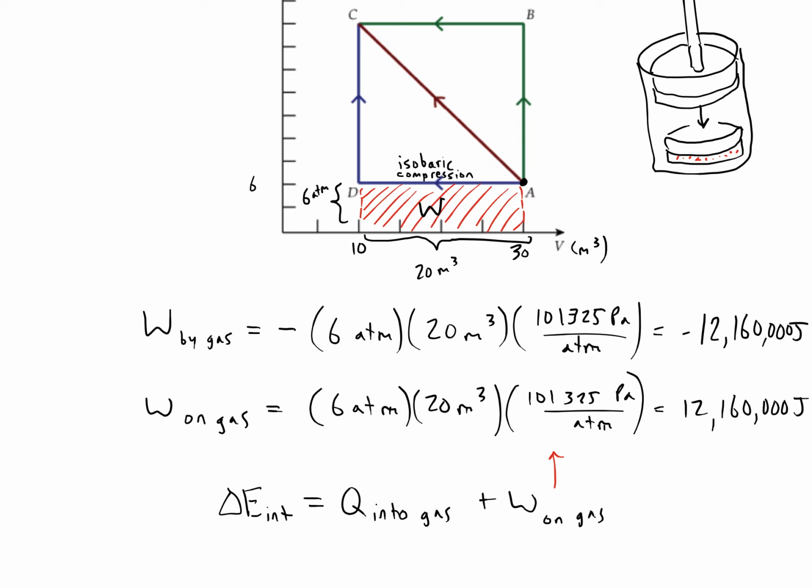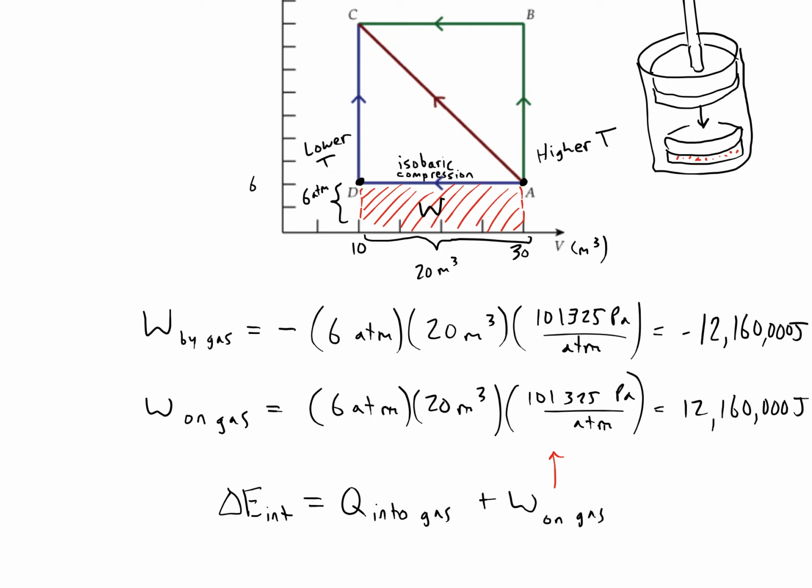Now, we haven't talked about how to determine that yet. But one thing we would be able to tell is that D is at a lower temperature than A. Now, how do I know that? Because in these PV diagrams, there are things called isotherms.